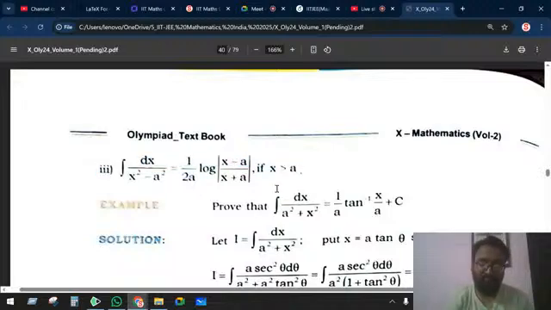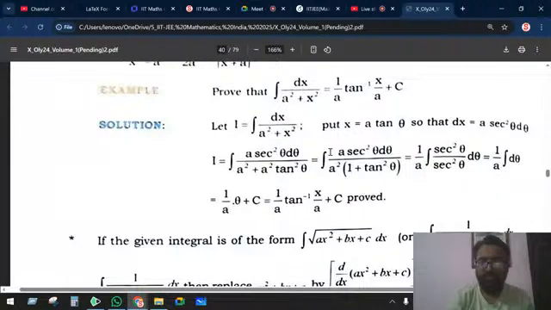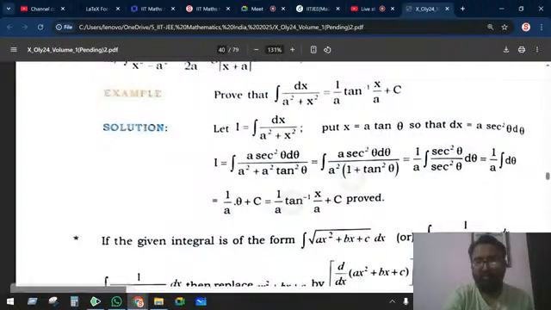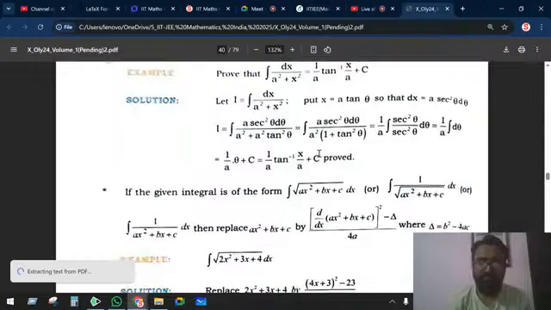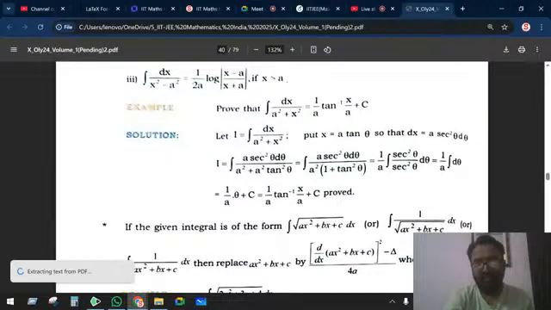That's the problem. Okay. The toughest thing you have to remember is integration dx by a square plus x square is equal to 1 by a tan inverse x by a. For this, I should also remove those formulas from my list of formulas; I sent the document. We'll see. Here you can also remember what is happening. He is using x is equal to a tan theta.